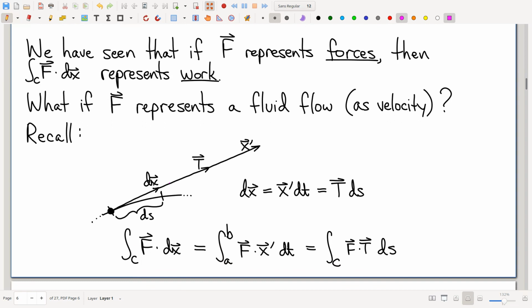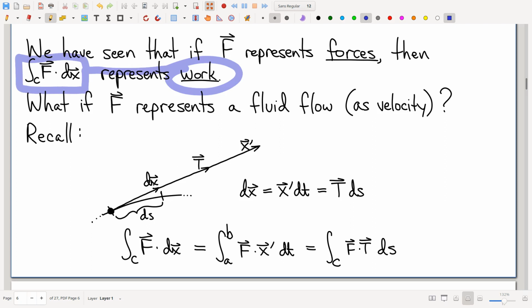All right. So next thing we're going to talk about is other applications of this idea of a vector line integral. So reminder, we have just gotten through arguing that a vector line integral represents work. That was our motivating example.